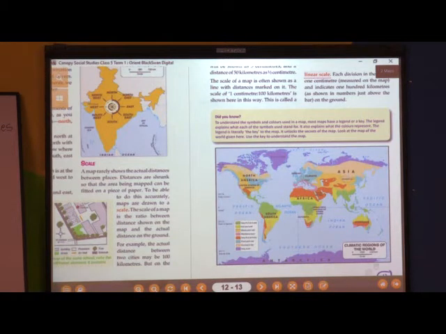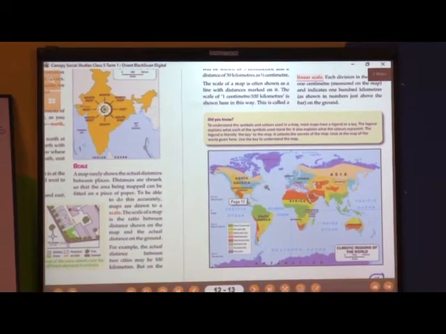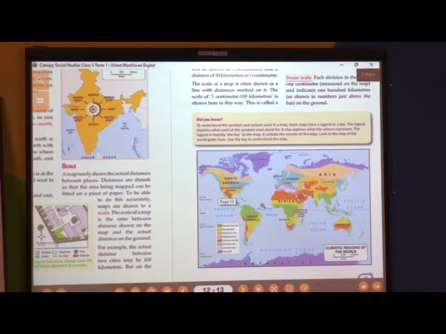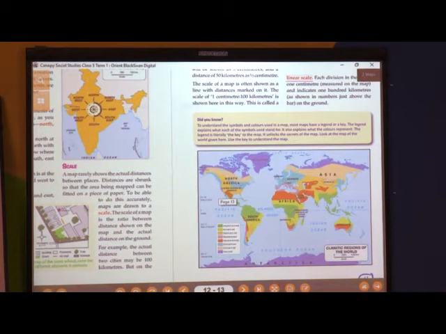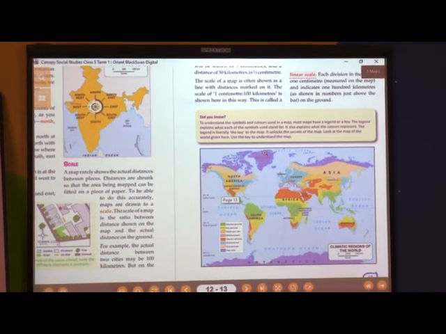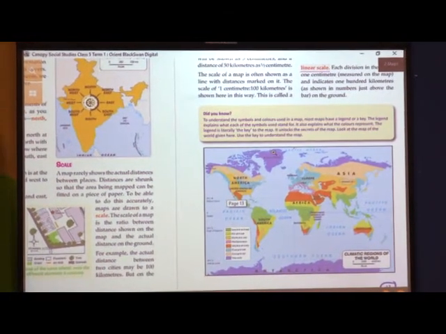When the whole world is shown on a piece of paper, what happens exactly is that accuracy is lost. If Greenland is shown here, it doesn't mean that Greenland is exactly located there. The distance may differ.